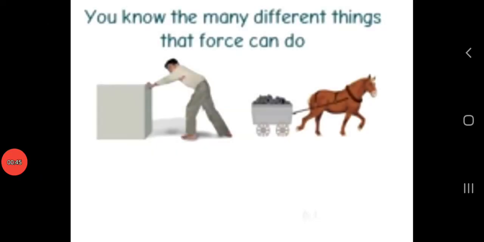For example, a door has to be pushed to open it and a box has to be pulled to lift it up. We may also apply force that may not always end up in moving things, such as sitting on a chair or leaning on the wall. That means a push or a pull acting on an object is called force.